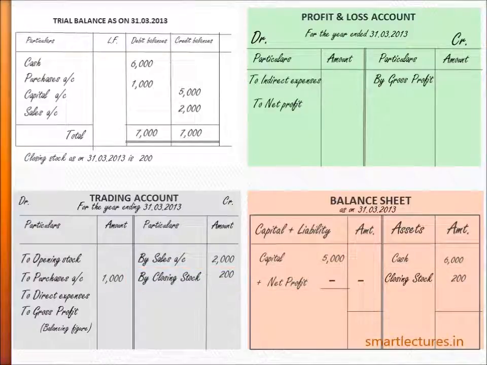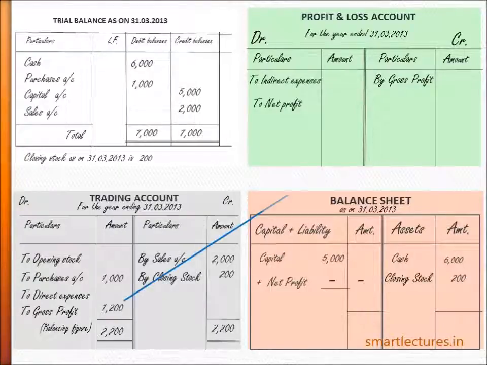Now the total on credit side of trading account is 2,200, but the total on the debit side is only rupees 1,000. So what will you do? To gross profit rupees 1,200. This is the balancing figure. Now the total is 2,200 on both sides. Opening stock 0 and direct expenses 0. So we have found the gross profit.